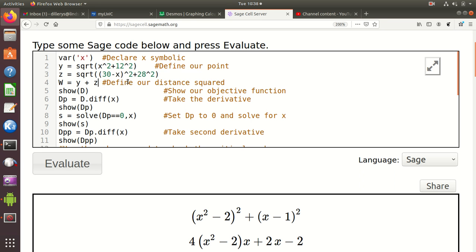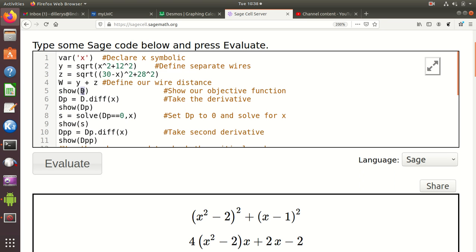And now I could change my comment, define our, not distance squared, and I could say even here wire distance, not define our point, but define separate wires. All right, I did that.